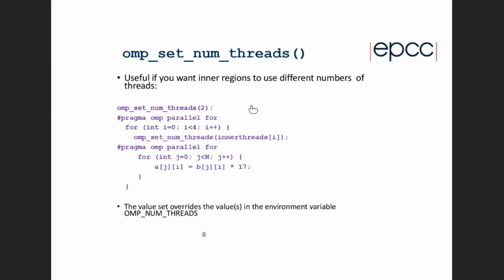omp_get_num_threads says how many threads are executing in the current context. The getter routine for the internal control variable is actually called omp_get_max_threads. And I'll talk about that again on Thursday.